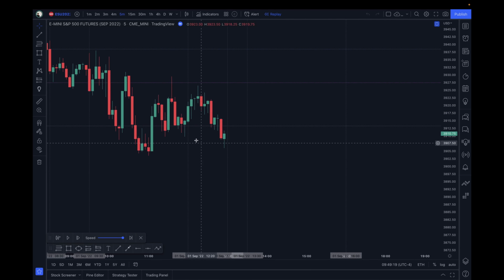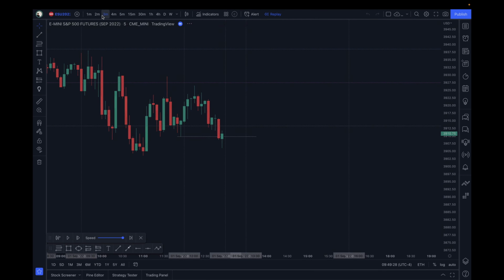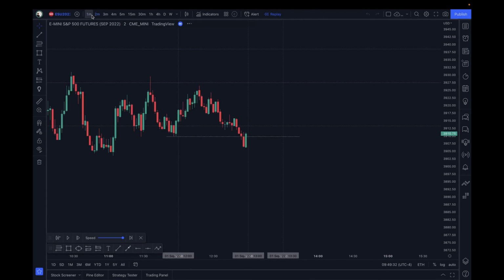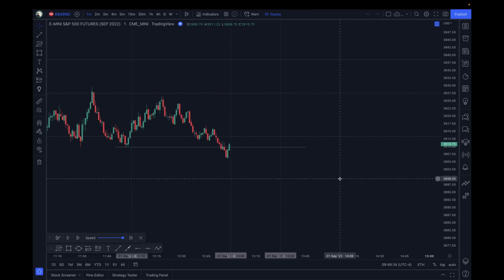Market's trending down, breaking this low, breaking a sell side liquidity pool right here, and we can see if there is any entry opportunity right here.